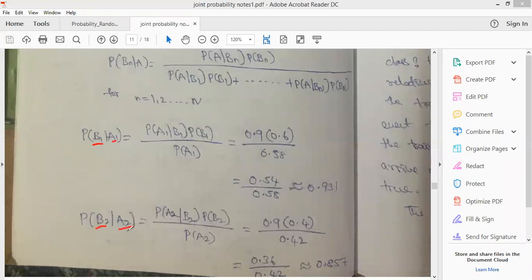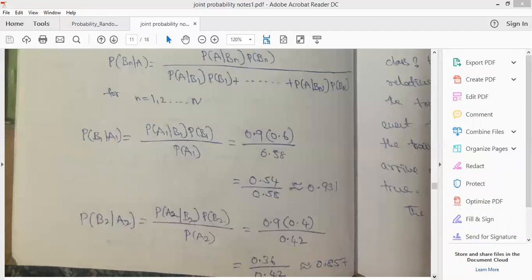That's all. It is given as probability of A2 given B2, probability of B2, divided by probability of A2. Substituting the corresponding values, the probability of transmitting 0, assuming that we receive 0 only, is 0.857. Okay. Is it clear?